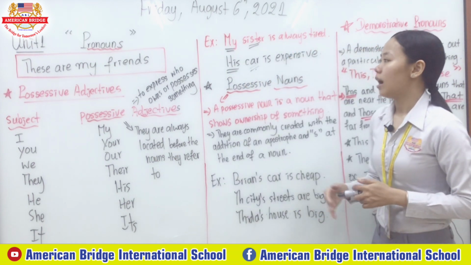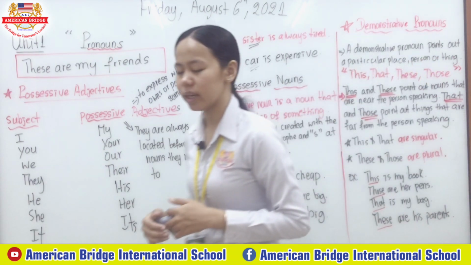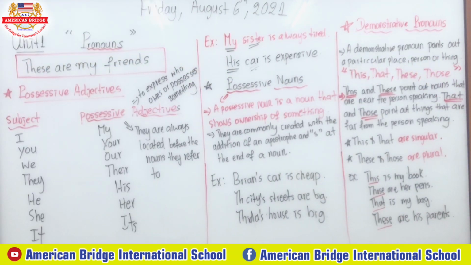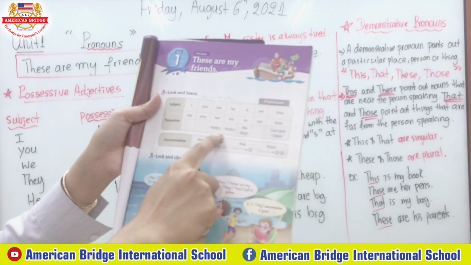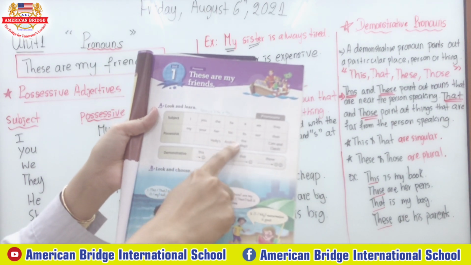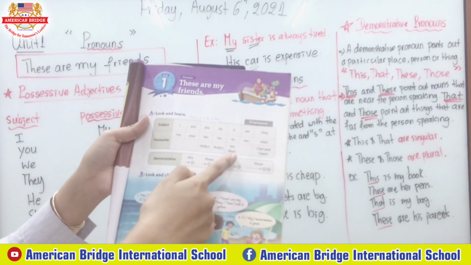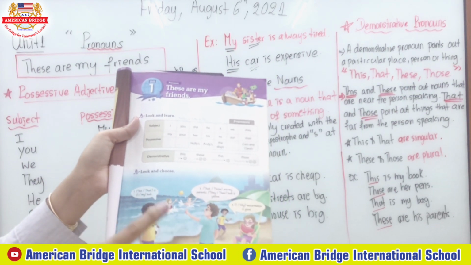All right, another point of today's lesson: you can also look at your book altogether, everyone, on page 9. You can see here Holly's, Andy's, the dog's, with apostrophe and s. So today we are going to learn about possessive nouns as well.